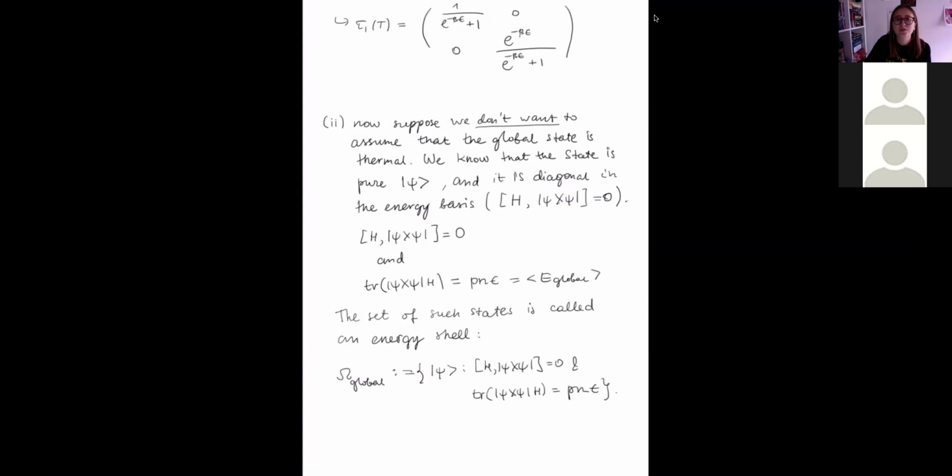Oh, there was a question in the chat. What is the energy basis? By the energy basis, I mean the basis in which the Hamiltonian is diagonal. So the Hamiltonian, we can write it out as just a sum over i, E_i |i><i|.